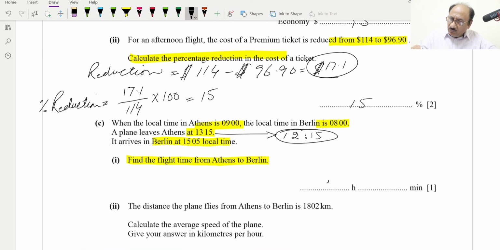So we can provide the answer over here, 2 hours and 50 minutes. And if you want, I will show you the working also. 15 hours and 5 minutes minus 12 hours and 15 minutes is equal to 2 hours and 50 minutes. This will be our answer.